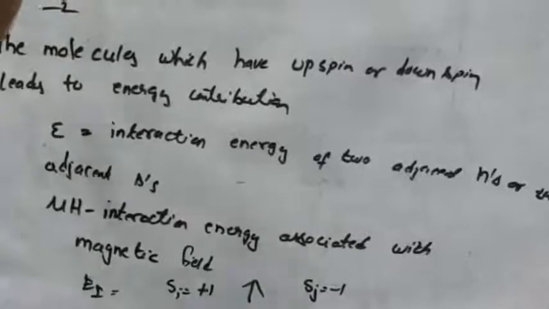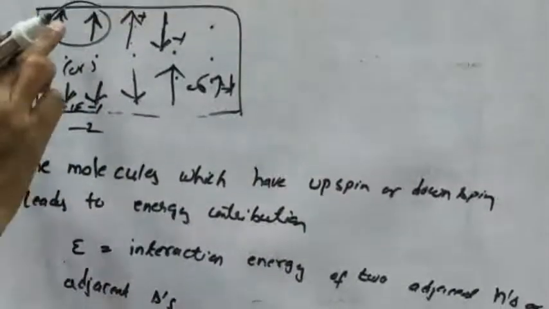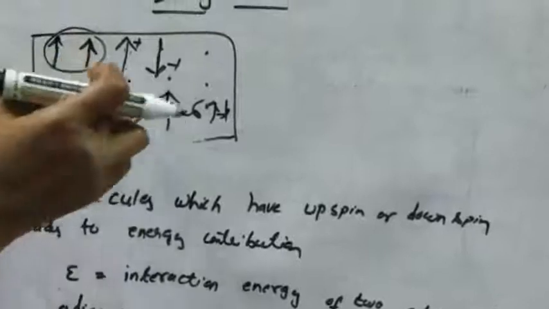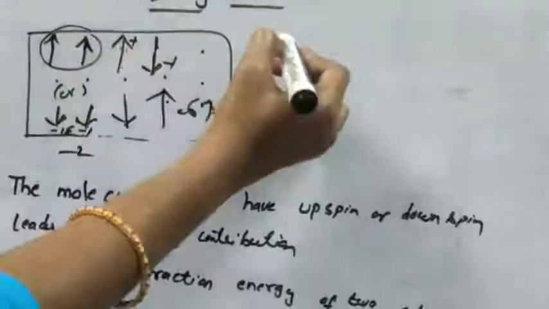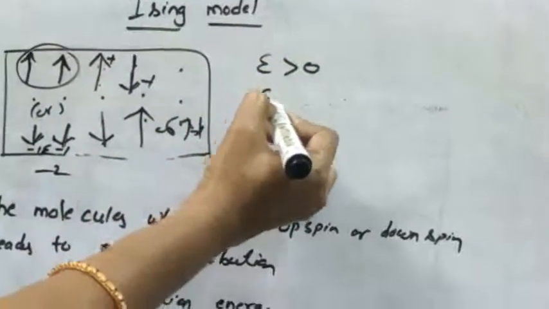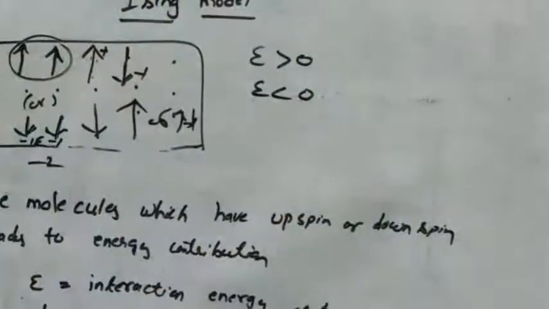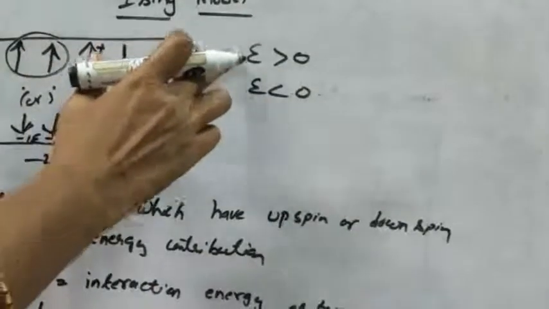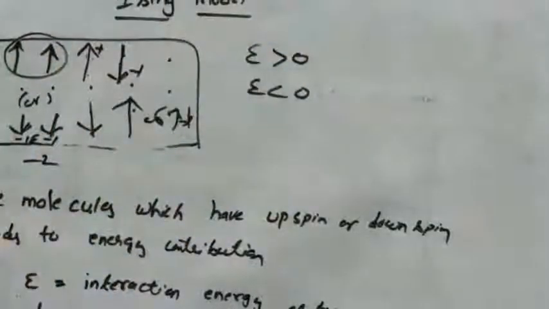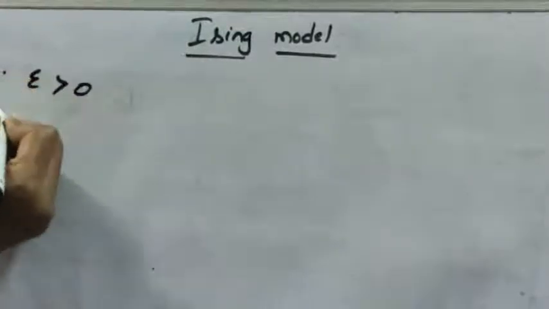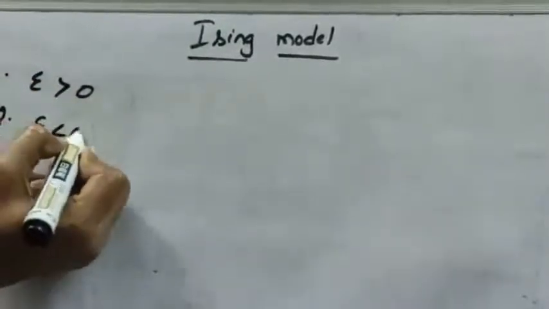So, by considering the interaction energy of two adjacent A's or B's, we have two cases: epsilon greater than 0 and epsilon less than 0. Let us see clearly what happens in each case.